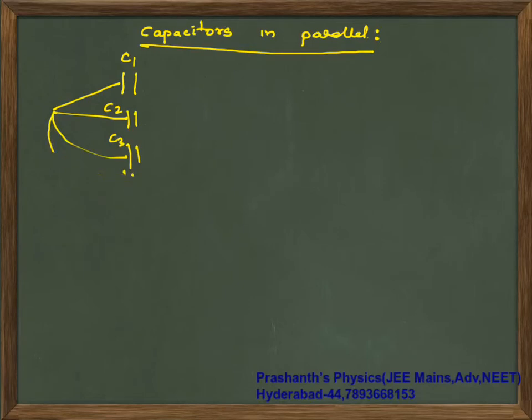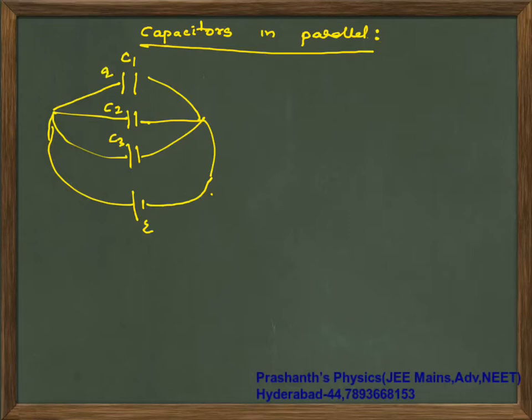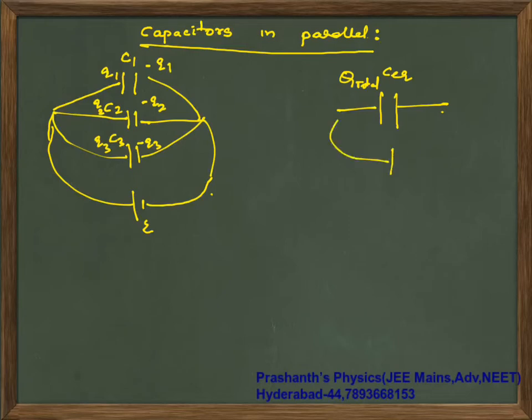When the capacitors are connected in parallel, if you are connecting a cell of EMF E, then how much charge is being drawn from here? If it is Q1, here Q2, here Q3, then if you replace all these capacitors with a single equivalent capacitor, it should carry the total charge drawn by all these capacitors together.